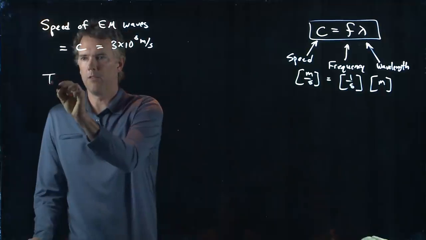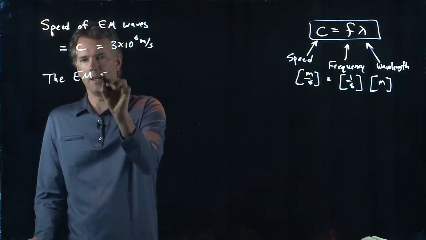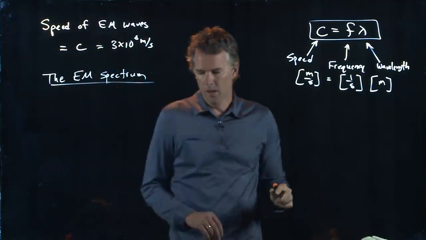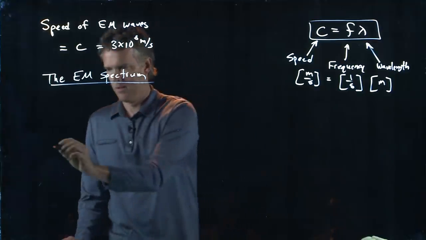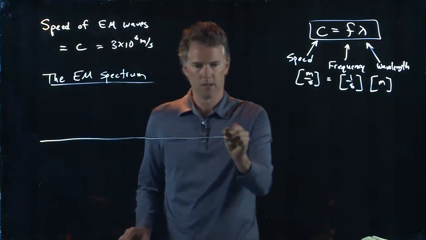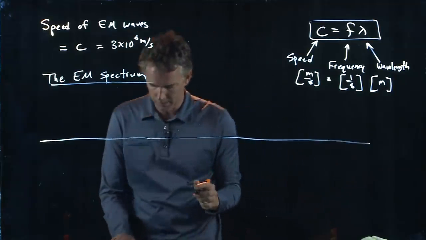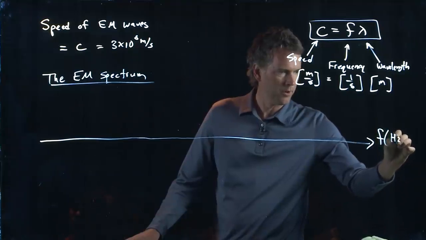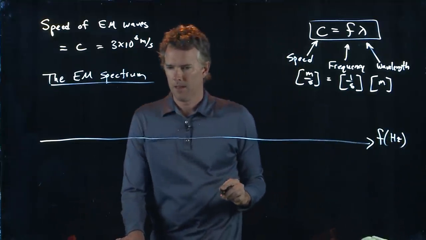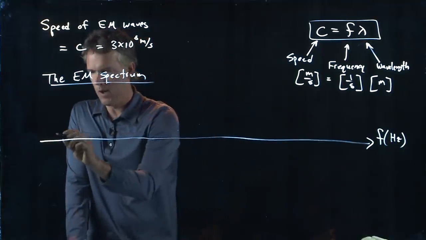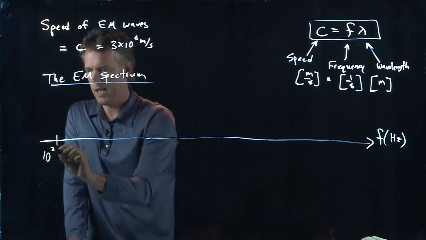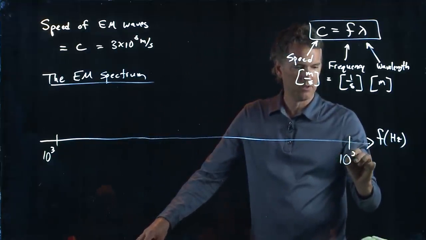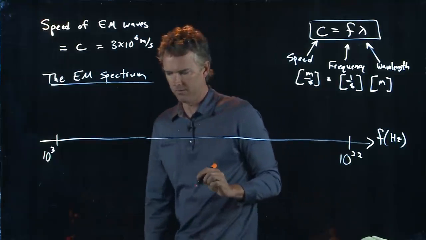And now let's think about the full electromagnetic spectrum. So we have a big long line here, and let's label this one frequency F, measured in hertz. And it's going to start down here at the low end at something like a kilohertz, and at the high end it's going to go up to 10 to the 22 hertz.